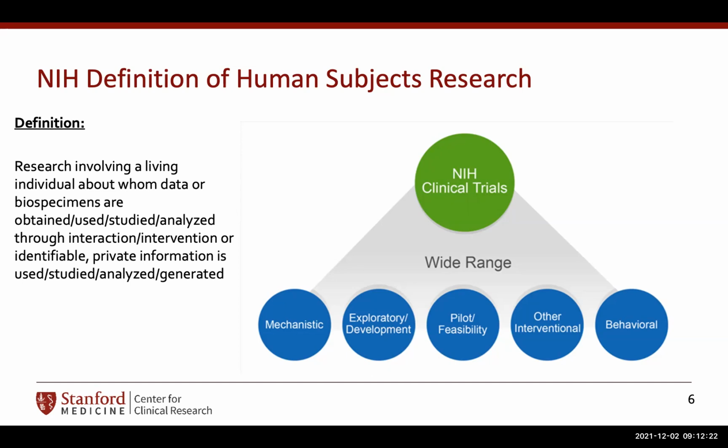We could have behavioral research, other interventional research, pilot or feasibility studies, some of which have to do with medical devices, development of drugs, and exploratory studies of drugs. And then mechanistic: studies or tests designed to analyze the biological or chemical events responsible for or associated with an effect that is observed.